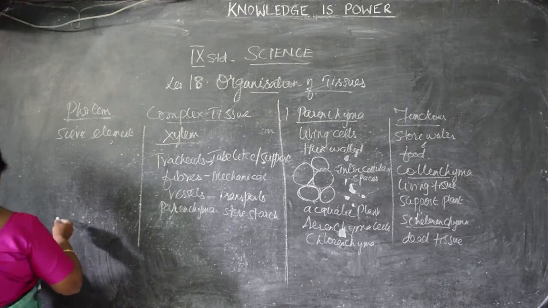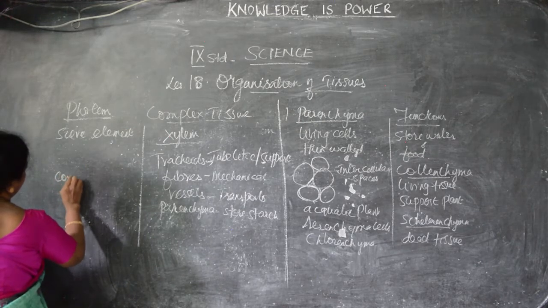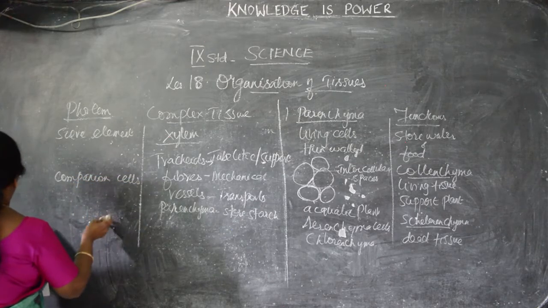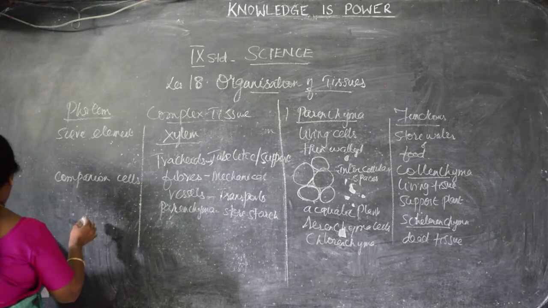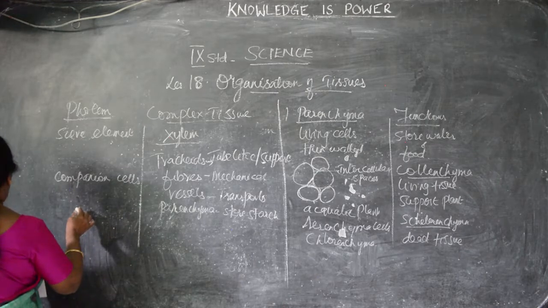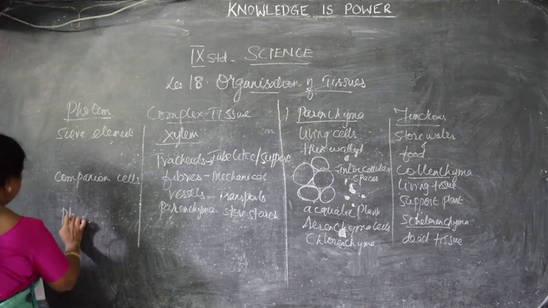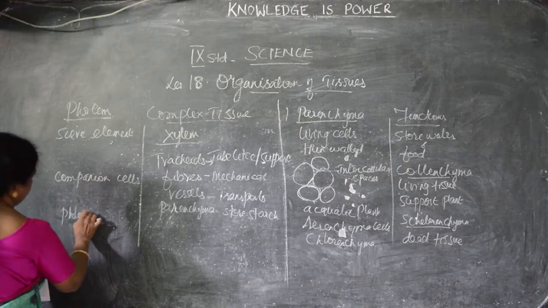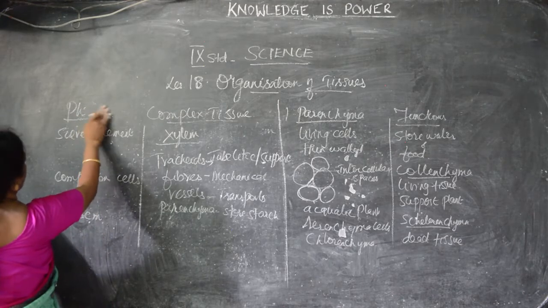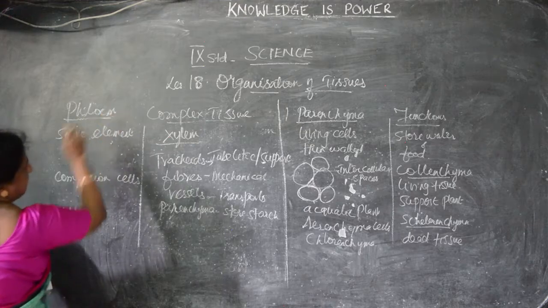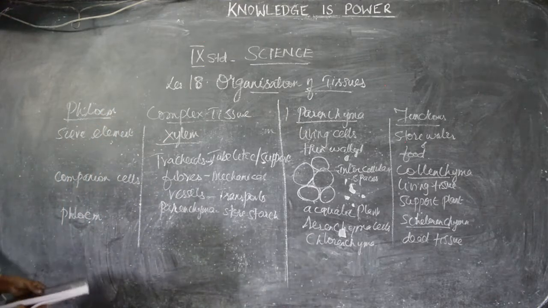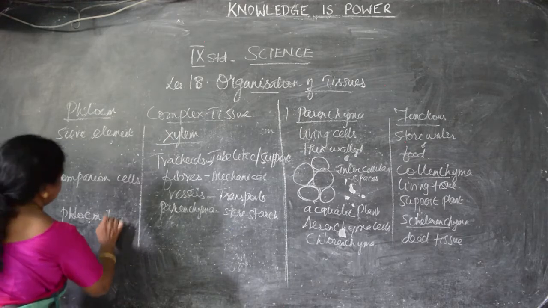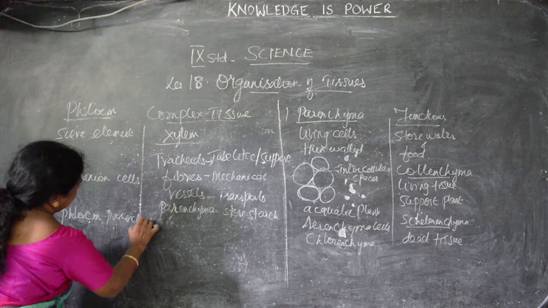Sieve element, companion cells, phloem parenchyma. Phloem: sieve elements, companion cells, and phloem parenchyma. And we'll see what are the functions of them.